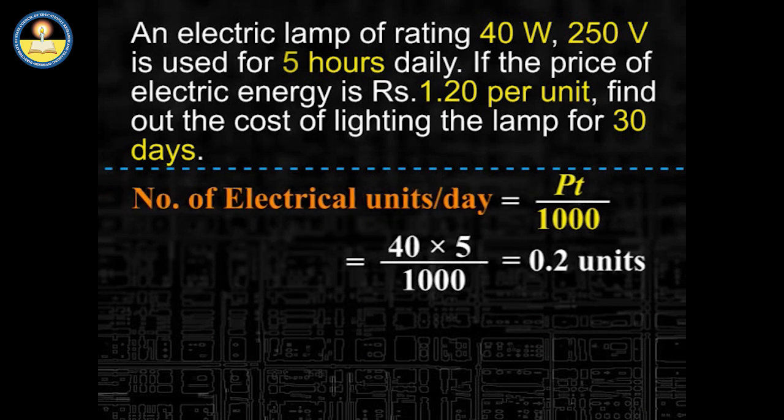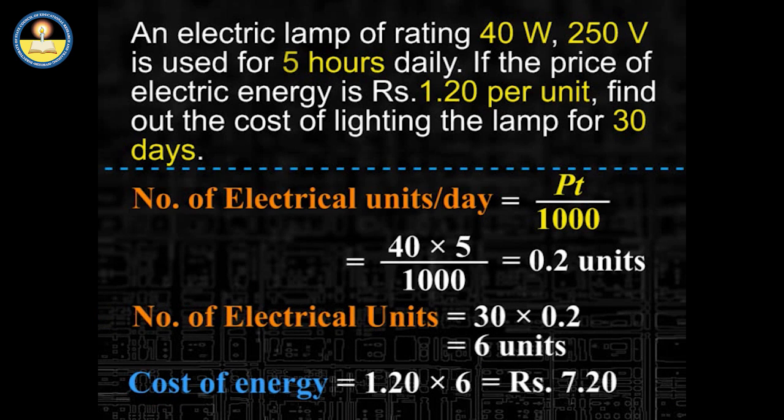Consumption of electric energy by the lamp in 5 hours comes out to be 0.2 units. Hence, the cost of electric energy for lighting the lamp at the rate of rupees 1.20 per unit for 30 days comes out to be rupees 7.20.